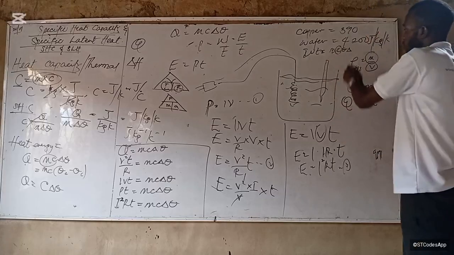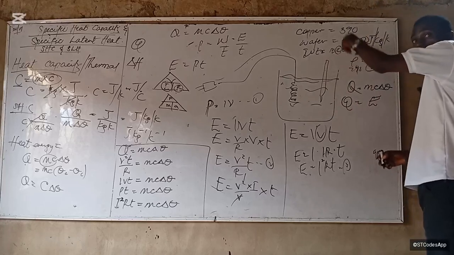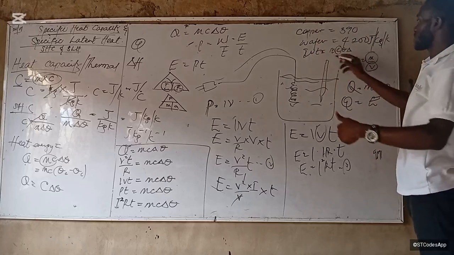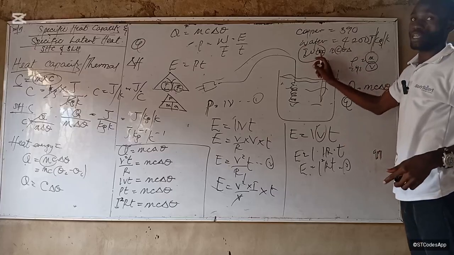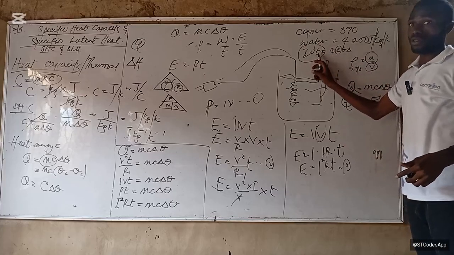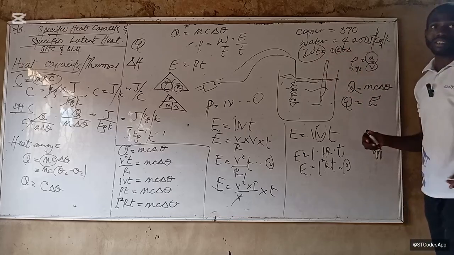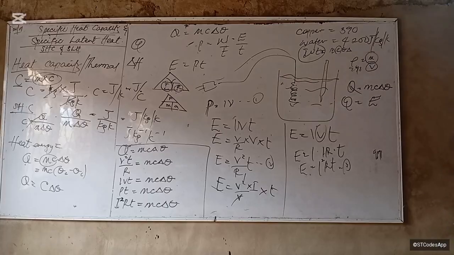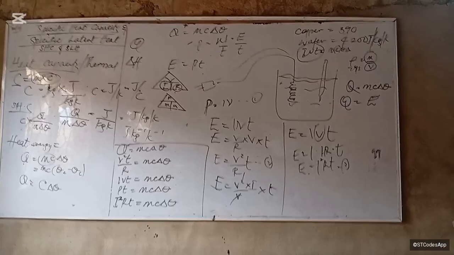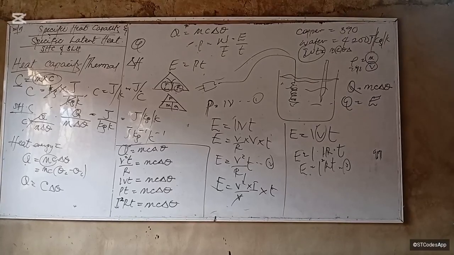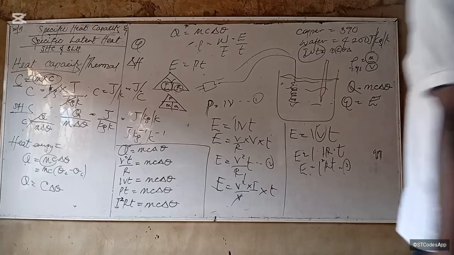So by measuring the temperature, we'll know the change in temperature, at the beginning and at the end. With the amount of current that is flowing and the time over which it flows, you get the energy, and with that you are able to calculate the C. Does that make sense? Is it clear? All right.